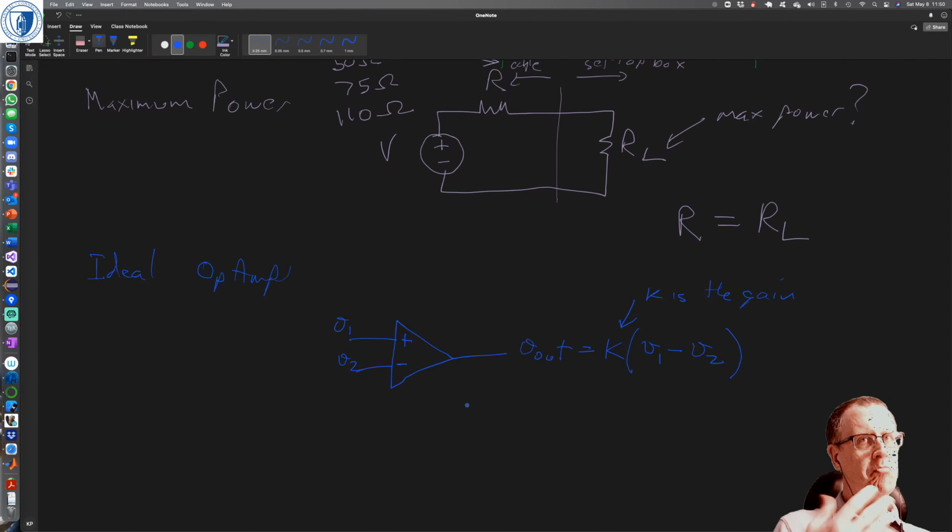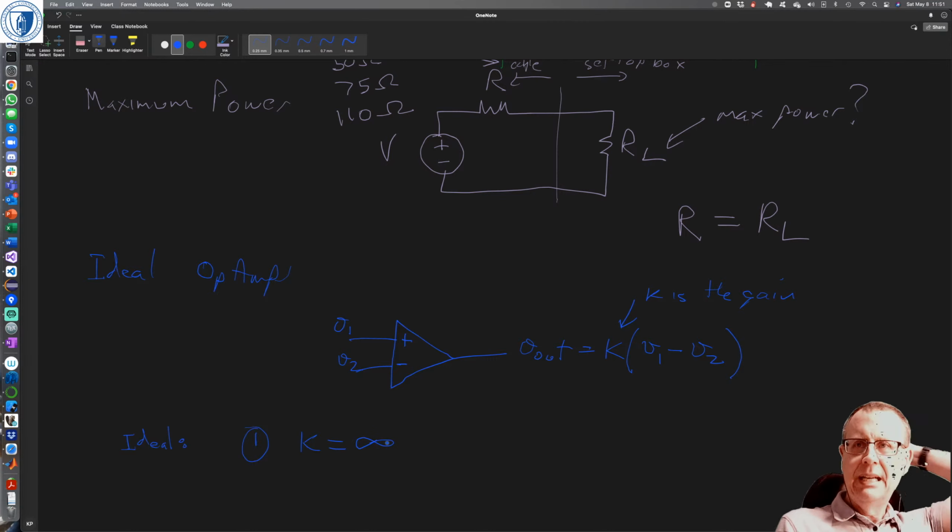And what makes it ideal? Well, to make it ideal, a few things happen. One, K is infinity. The gain is infinite.